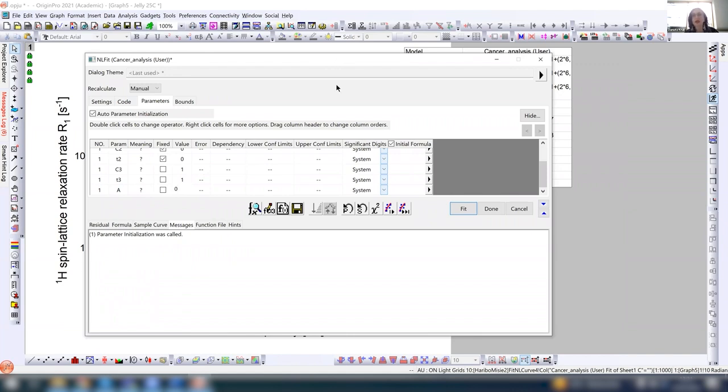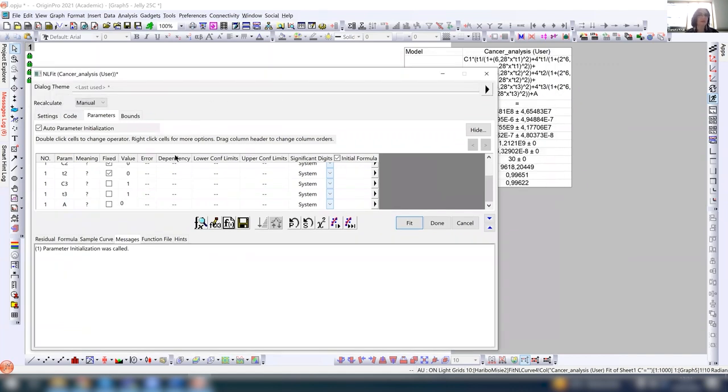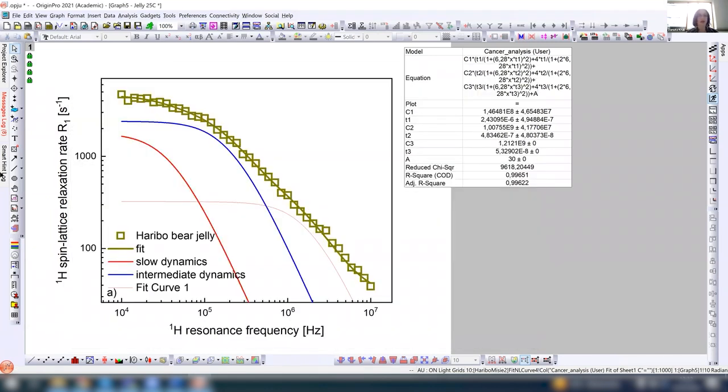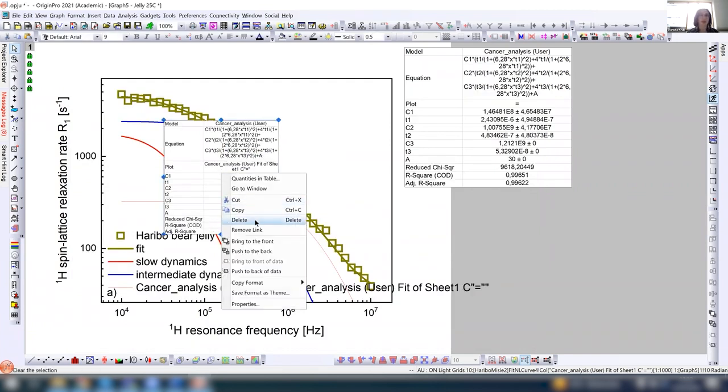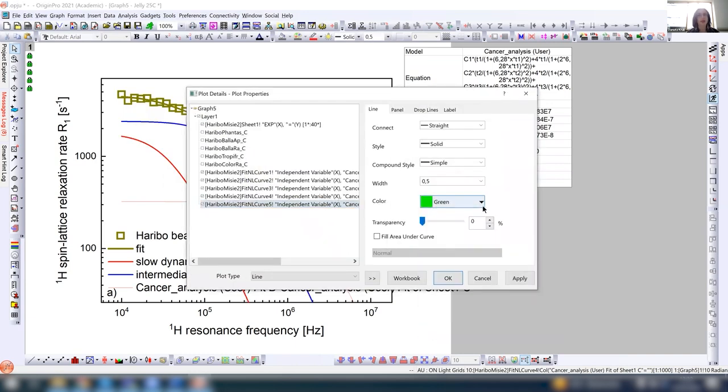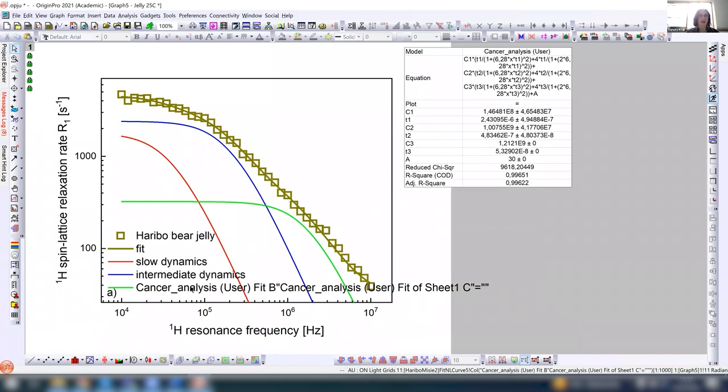And what I have here, C3 is 1.21, and T3, 533 minus 8. Yeah. So this is also not important. Let me make it. So this is fast dynamics.